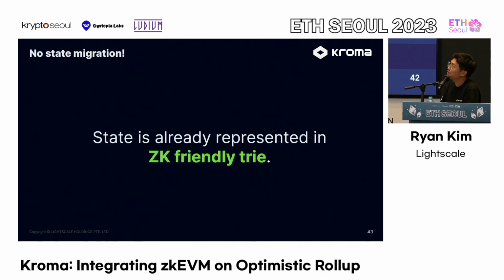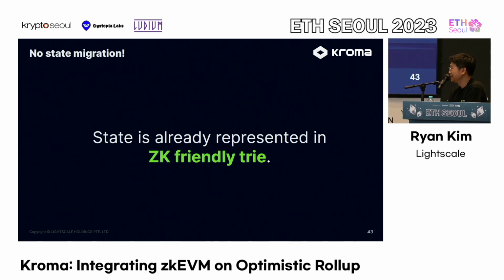In our case, we don't have to, because state is already represented by a zk-friendly tree. So when we transition our chain to ZK rollup, there's no pause time. It could be transitioned to ZK rollup smoothly and without any halt.